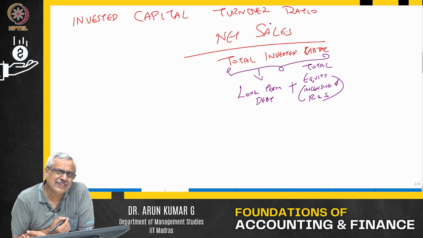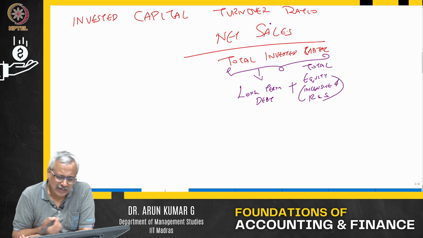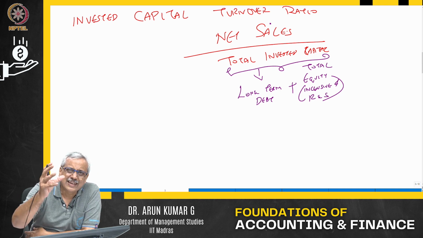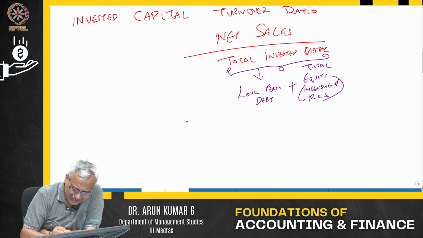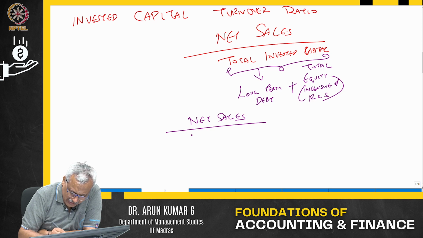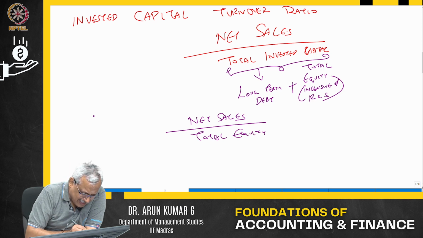Now, can I say equity turnover ratio? Yes, you can do it. I can even dissect it, and I say my net sales by total equity. I can say my equity turnover ratio.